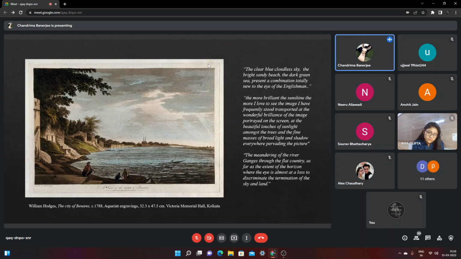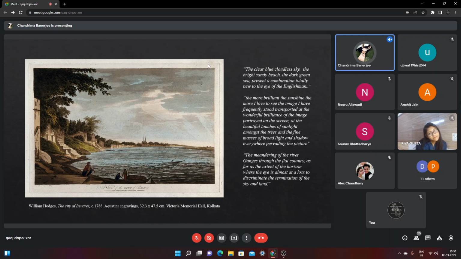And like I mentioned, the gradation and the tonal variations. So aquatints gave a watercolor effect in the printmaking process, and that's why it was pretty much used by most of the artists then to provide a tonal variation in their compositions.